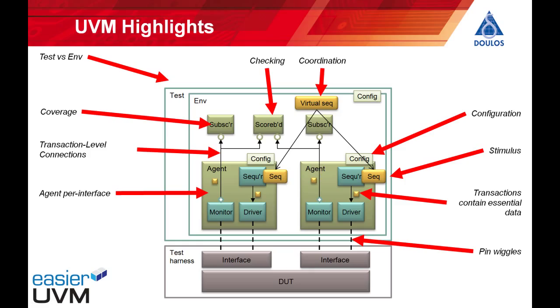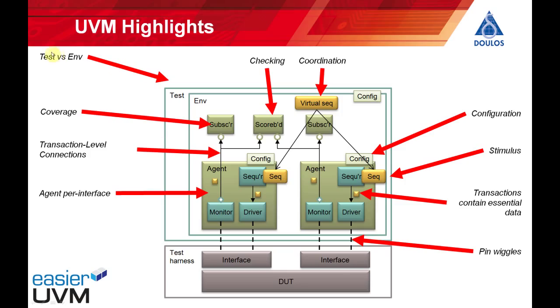So if you want to parameterize an agent with configurations, you have to access the data inside those configurations as you write the agent. Then, from your env or your top-level test, you can make configuration settings in lower-level components. So configuration information typically flows top-down through the UVM verification component hierarchy.